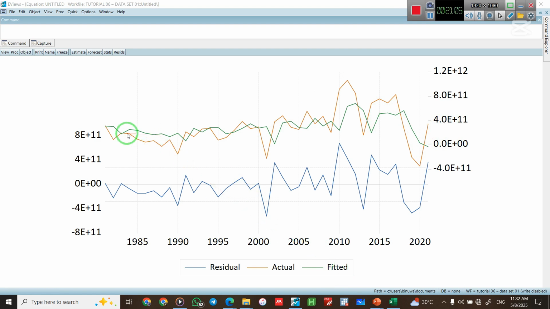You can see that the green line is almost similar to the orange line. That means the estimated values are almost similar to the actual values, and there are no significant variations. Both of these lines are close.